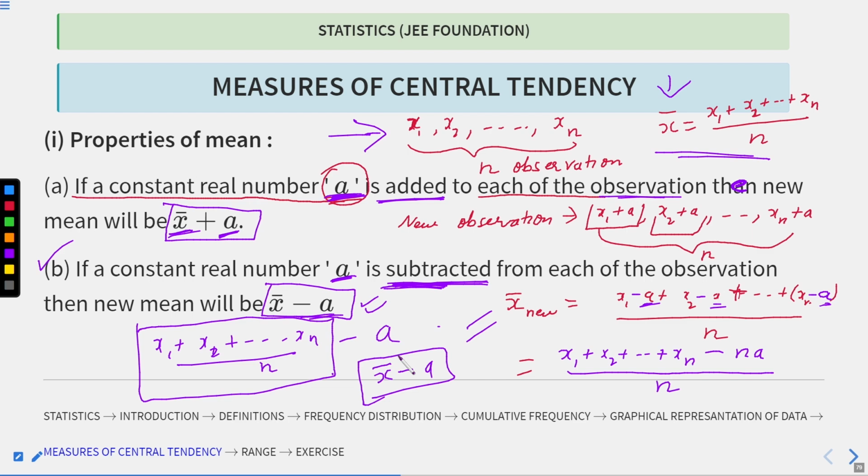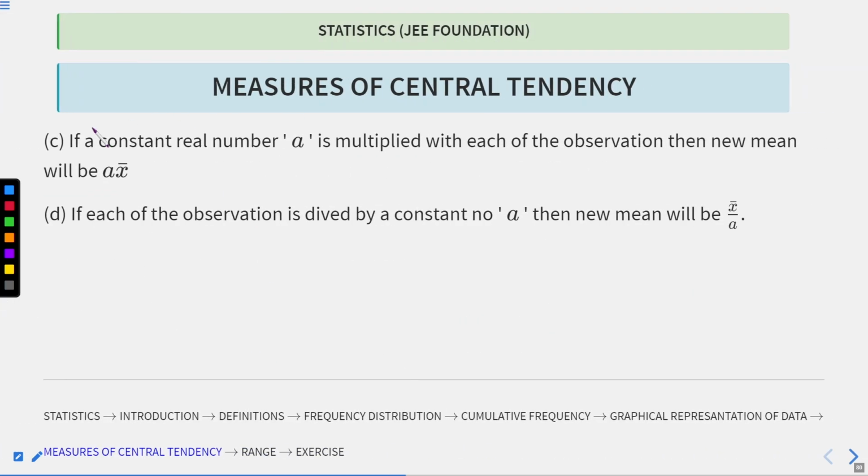Let's move next. Now the third point says if a constant real number a is multiplied with each of the observations, then my new mean will be a times x bar, or a times the mean of the old observations.